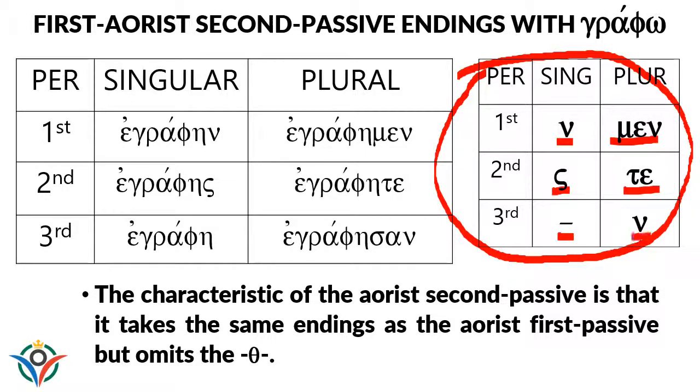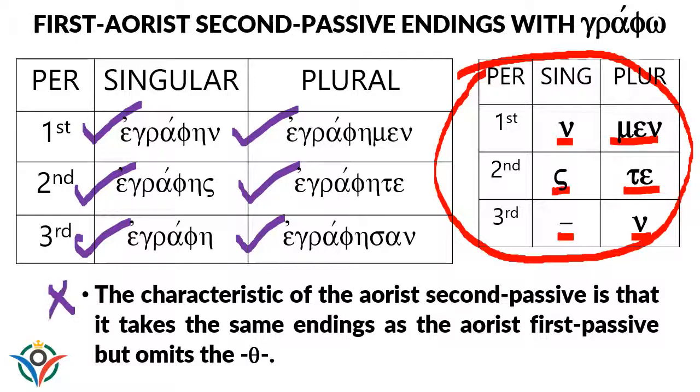Men, te, and nu. All right, so let's go through this together. First person singular is egraphēn. Second person singular, egraphēs. Third person singular, egraphē. First person plural, egraphēmen. Second person plural, egraphēte. And third person plural, egraphēsan.